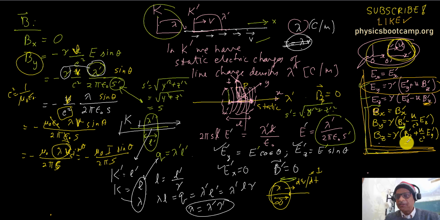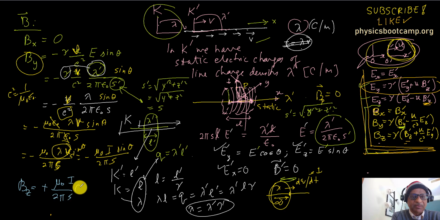Now I can go out and do B z, and you should work out B z in the same way. It's going to be plus mu naught I over 2 pi s cosine theta.